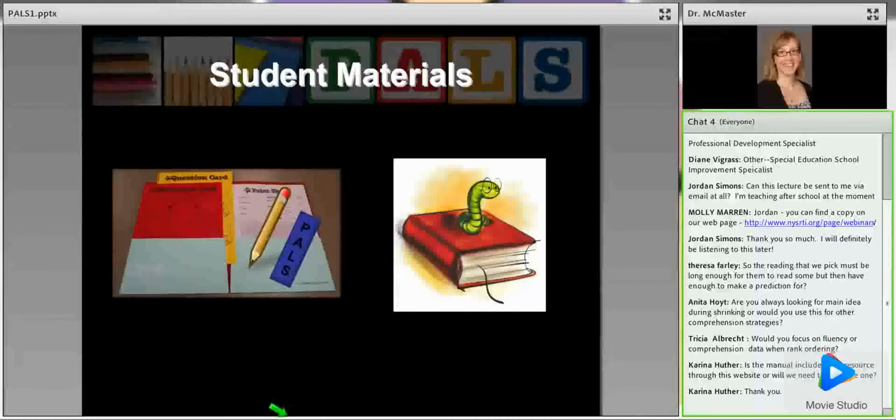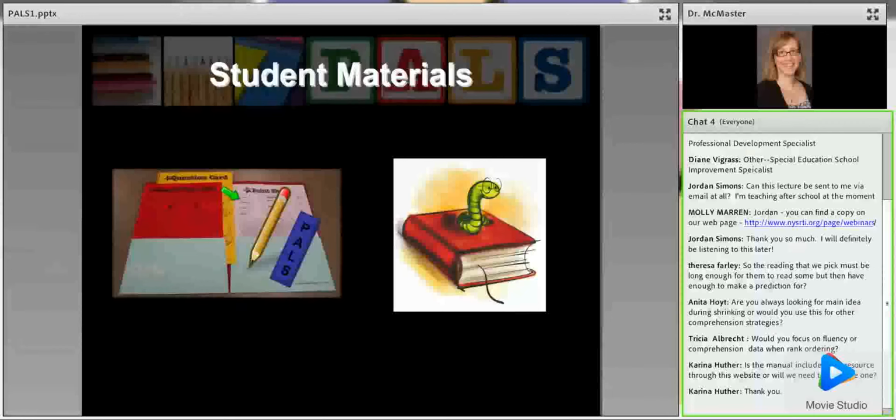And I have a picture here of those materials. So here I would just recommend a 2-pocket folder, and then the correction card, it's nice to have it printed on cardstock so it's fairly sturdy. And I like to color code them so they know to pull out the red correction card to correct each other and the yellow question card for the prompts.